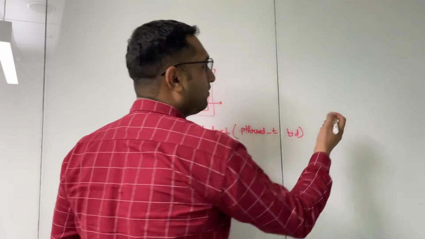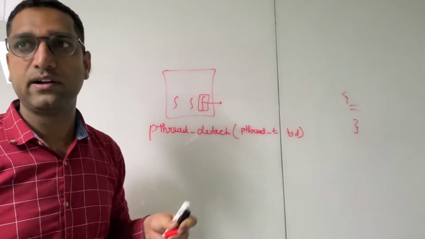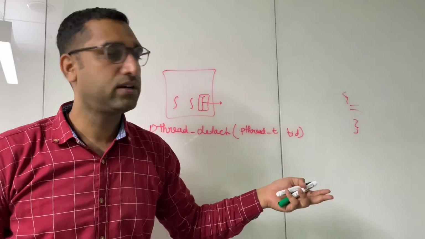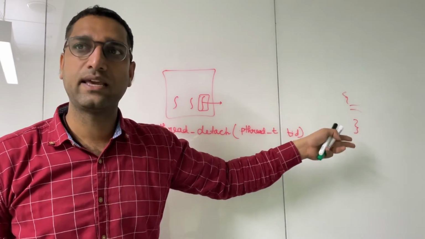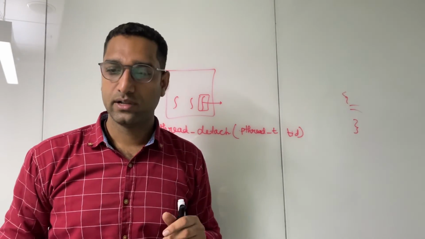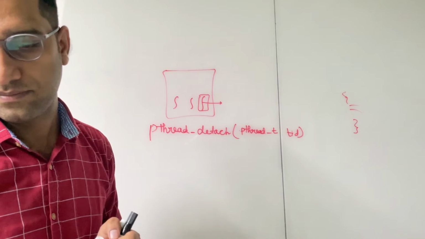The thread will go through its own execution pattern, whatever is defined by the code, and then it will just simply go out of the execution. But whatever storage it has been taking up, that will be claimed by the process. Okay, understood? So that is pthread create.